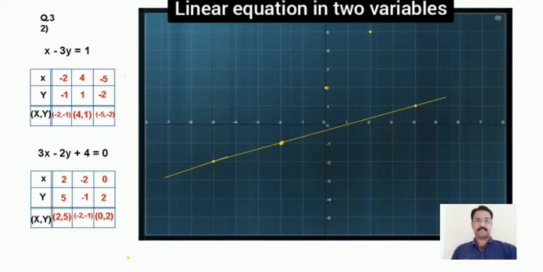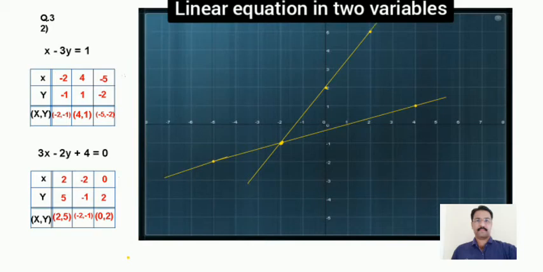So from all these 3 points, we are going to draw a line. This is the line which passes through all the 3 points. Now I will just extend the line from both the sides.